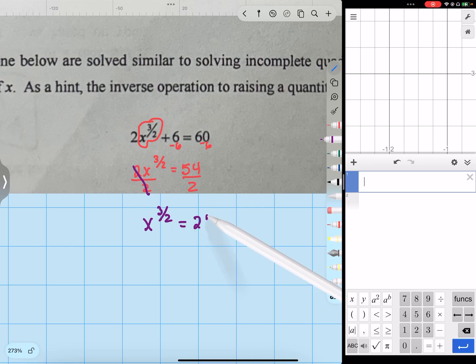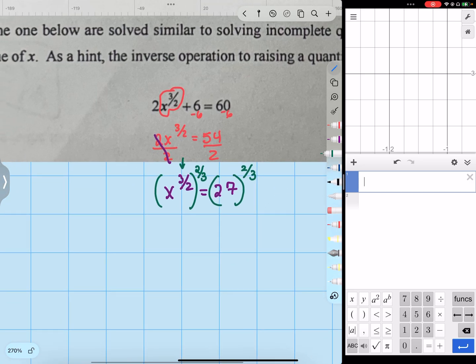And now here's what all that paragraphing said up there. You can raise this side to the reciprocal of this, 2/3. So you got to do the same thing to that side. So why do we use that reciprocal? It's because of reciprocals, 3/2 and 2/3, and this is any reciprocals, not just 3/2 and 2/3.